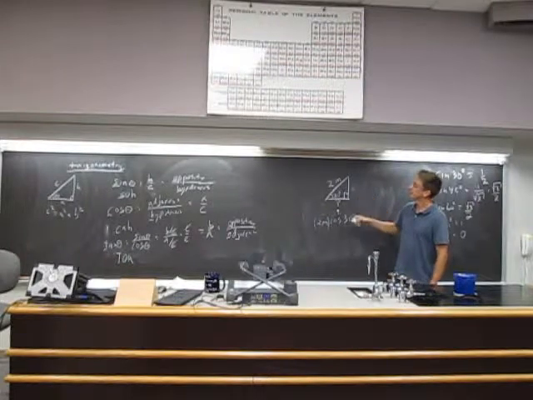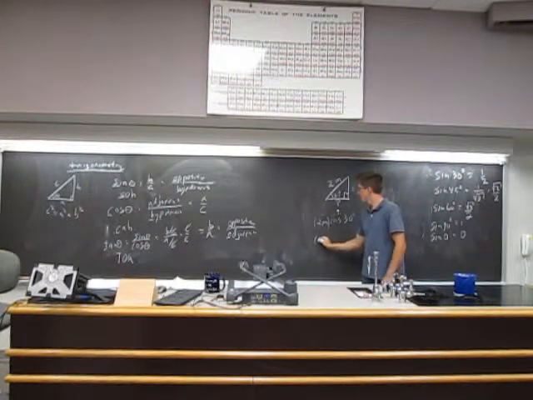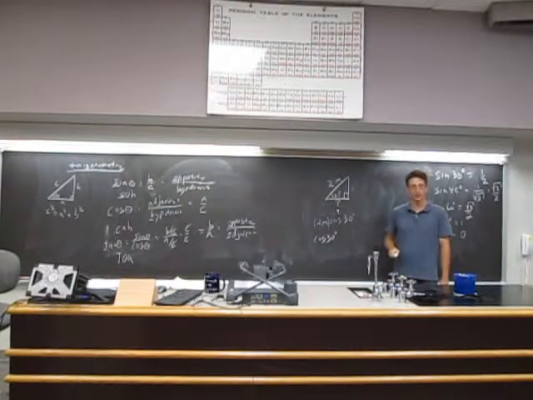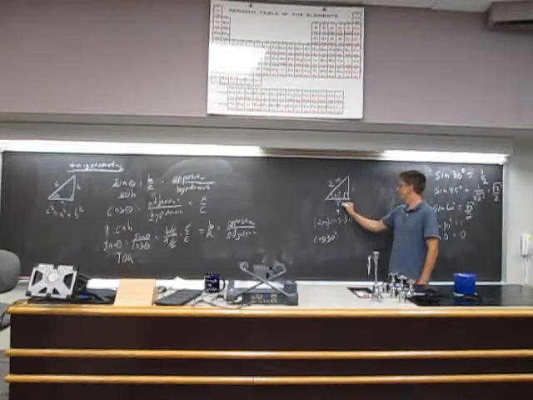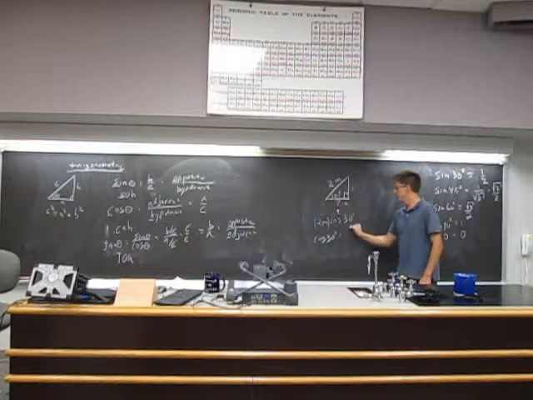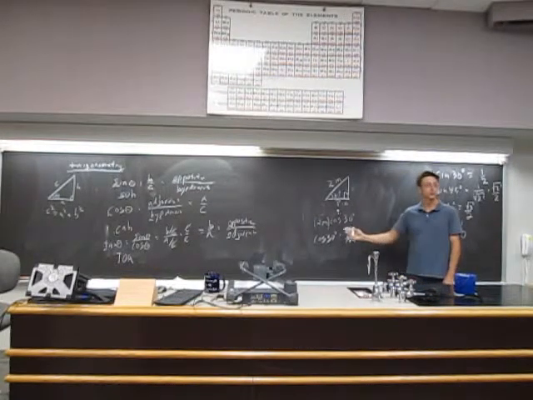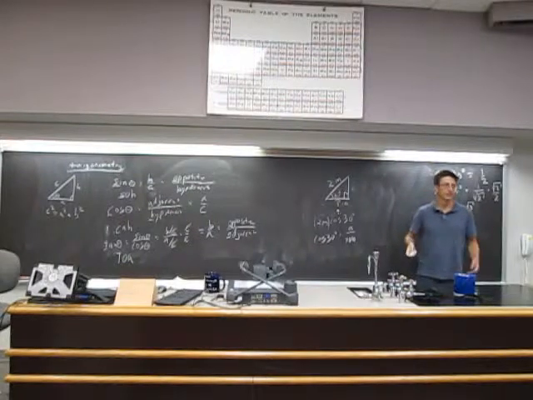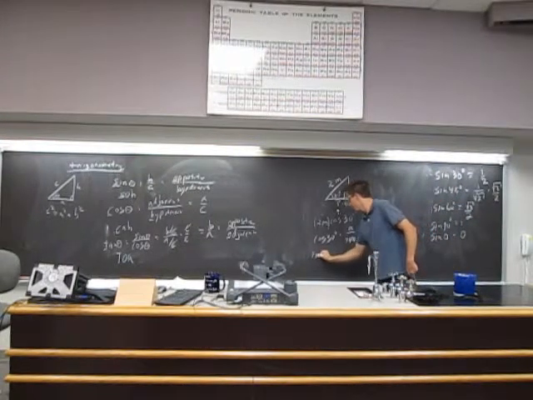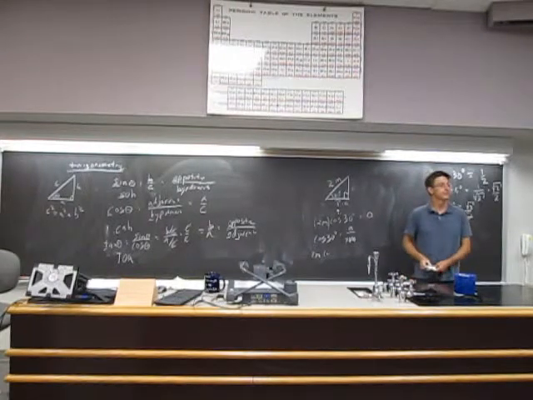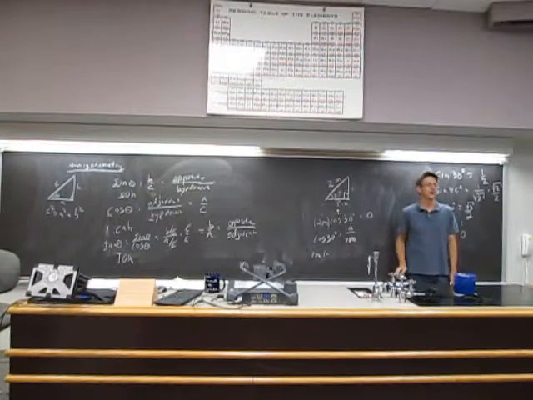I know that cosine of 30 degrees is the adjacent side over the hypotenuse. If I call this A, that would be A over 2 meters. If I multiply both sides by 2 meters, I get A equals 2 meters times cosine of 30. Follow that?